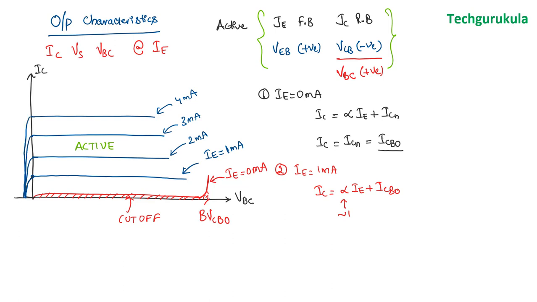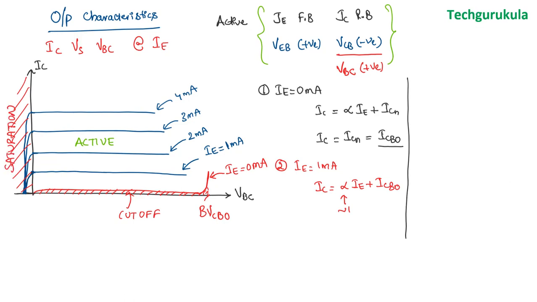Hence you would see the current voltage characteristics when the collector junction is forward biased. As the collector junction is forward biased, and the emitter junction is still forward biased because the emitter current is positive, we call this region the saturation region.